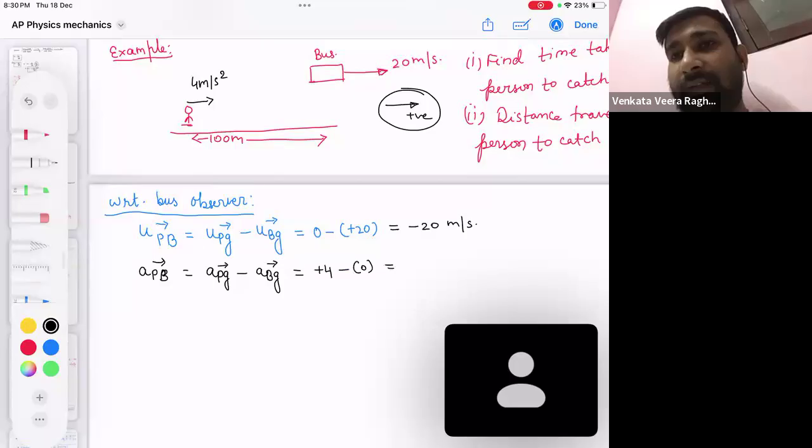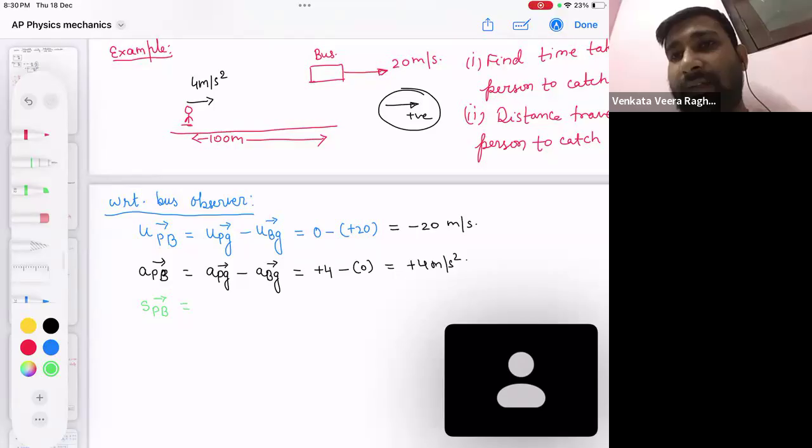With respect to the bus, any person will feel how much distance traveled, which is the gap between these two?